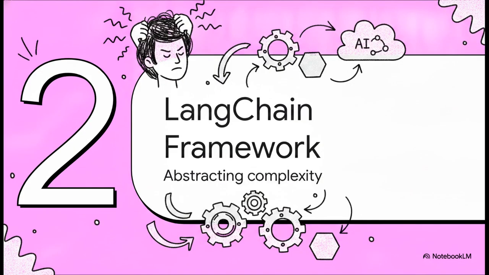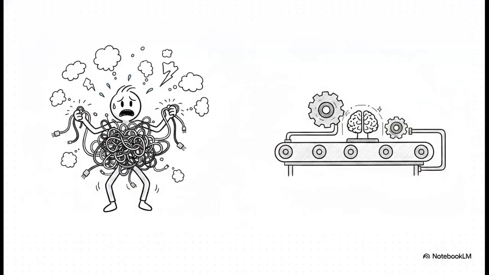Moving right along to section 2, meet the LangChain framework. This is where we abstract all that complexity. On one hand, you have standard LLM prompting, which is highly manual and prone to breaking. On the other hand, you have the LangChain modular framework. LangChain is an incredibly versatile tool designed to completely simplify the creation of these workflows.